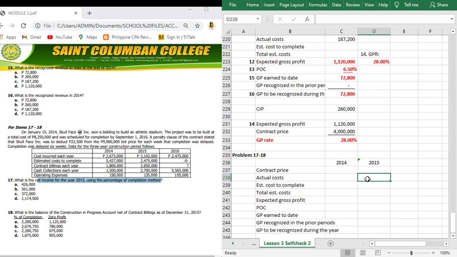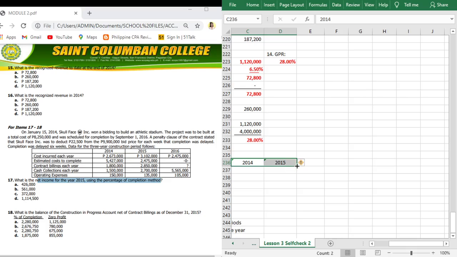Diba? If you are to solve, manguna man ka sa first year, then second year, then third year. Na class, what if daghan kay nga number of years? Let's say ang naa sa problem is 5 years. And then you're going to compute for 2017. So, di ba, daghan pa kay kag-agian. You start with 2014, 2015, 2016. And then mag-compute kag 2017.